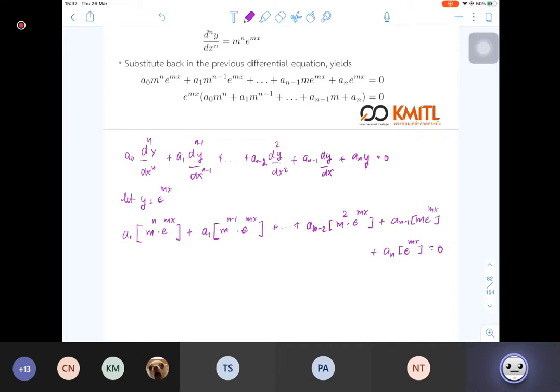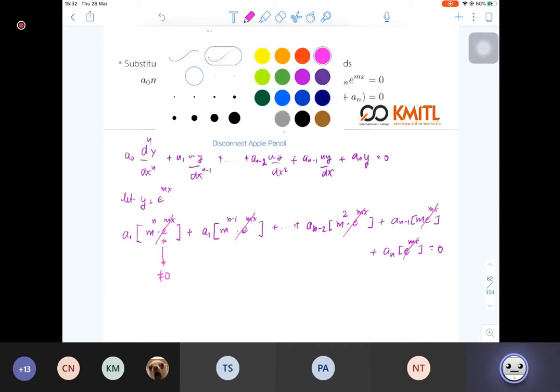So you just take y and put it right into the differential equation. And because e to the power of mx will never be equal to 0, we can divide all of those terms by e to the power of mx, so that term would be gone.